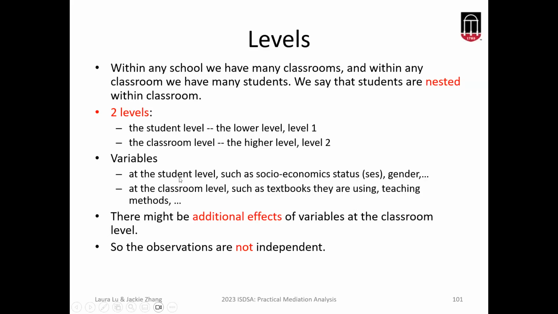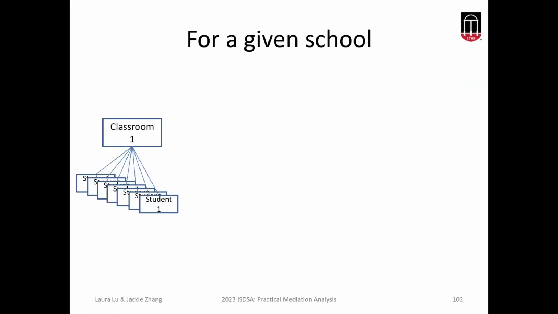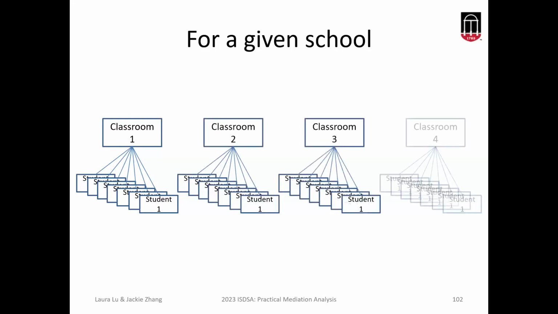And for each level, we have their variables. So this is one example. Within a school, we have different classrooms, and within each classroom, we have different individuals. So the errors, the observations in this case, are not independent.